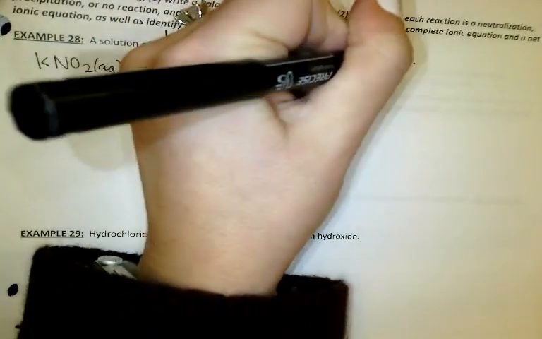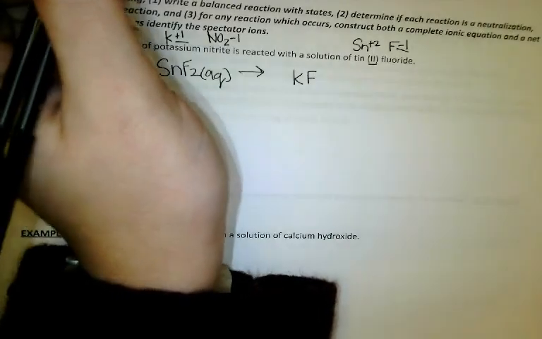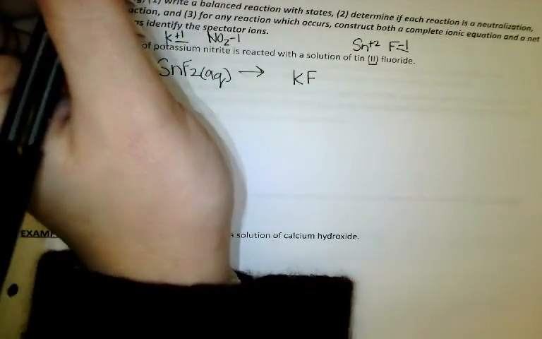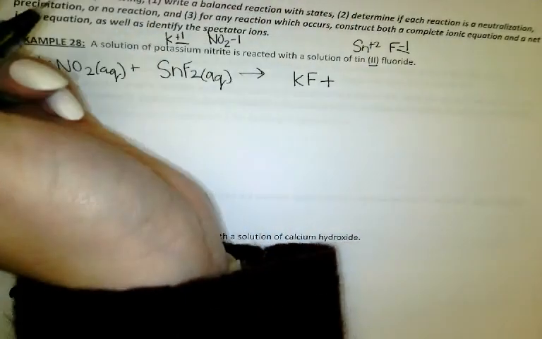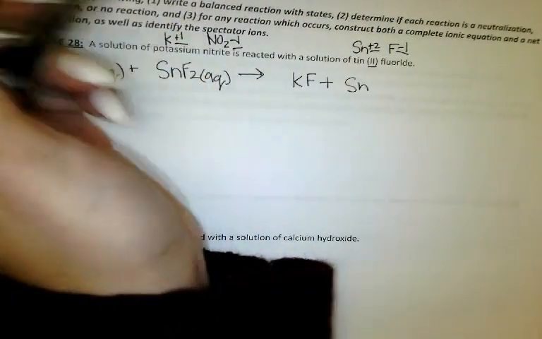It's not always going to be correct, right? Plus KF plus Sn. Now tin's charge is positive 2. Nitrite is negative 1. So that means I'm going to need 2 NO2s to balance that out.